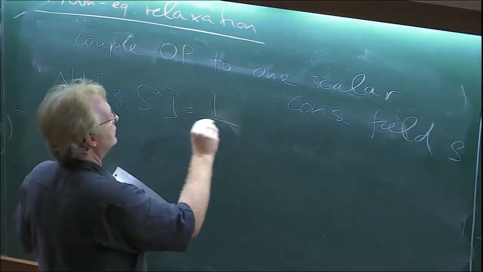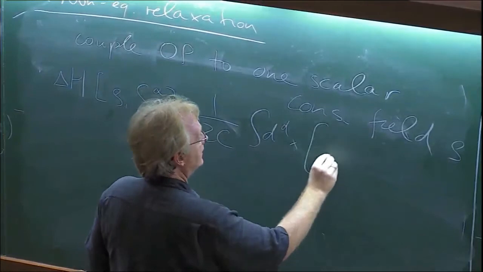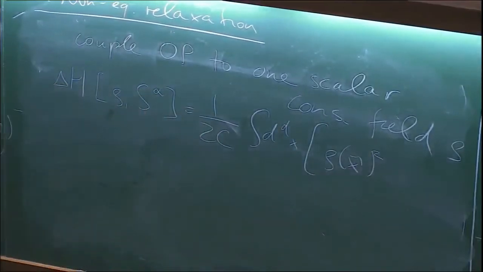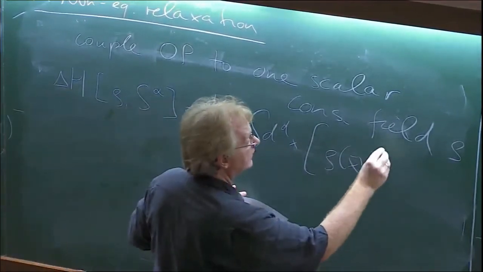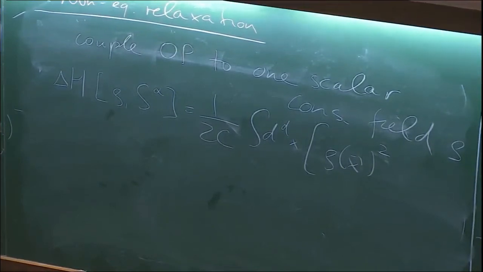So there's going to be an overall coupling C. There's an integral. And the lowest order term I can do is rho of x squared. And so that would be a term that gives me a Gaussian correlation function, just the inverse of that. We just saw the Gaussian correlation functions for S were tau plus q squared. So aside from the 1/2, it's just the inverse of what sits here.